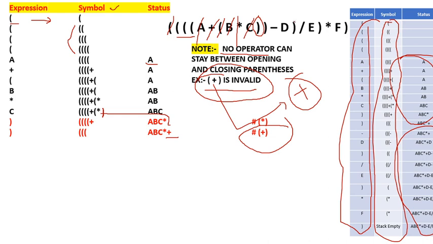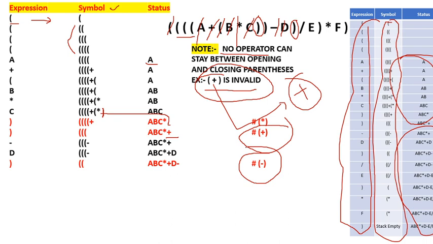Now minus and d will come. Minus will be placed on the symbol column, and d will be placed on the status column. Again you will see a closing bracket, and minus will come between the parentheses, so we have to pop out minus as well, and it will go in the status column. Next is divide and e.